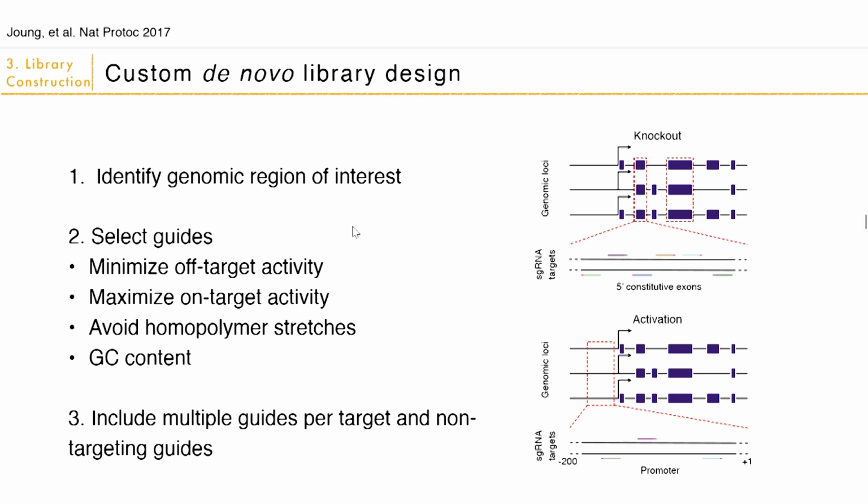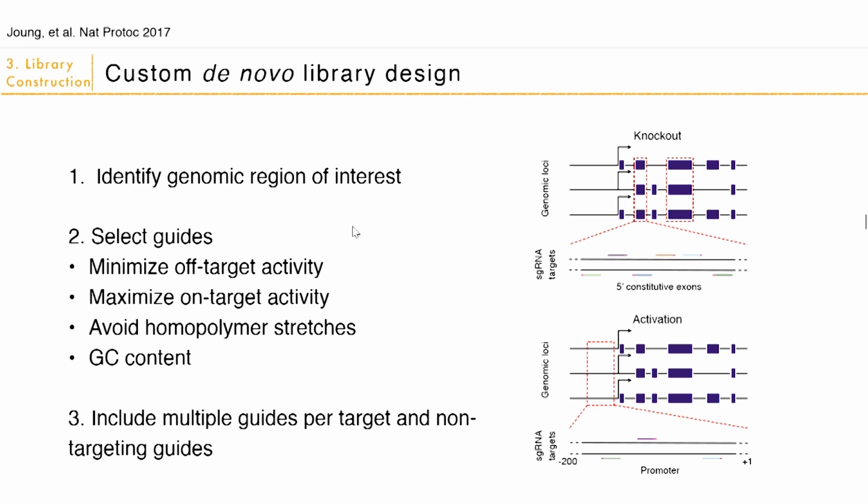Then you probably want to design a custom library from scratch, because there's no existing library that targets the region of interest. So just briefly, the way the library design works is that you have your genomic region of interest. Then you look at all the guides that are in that region.